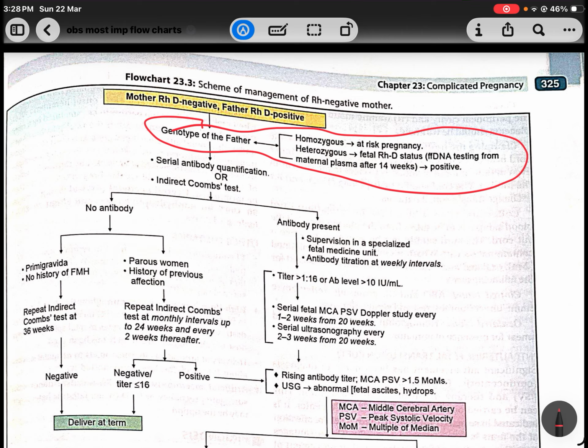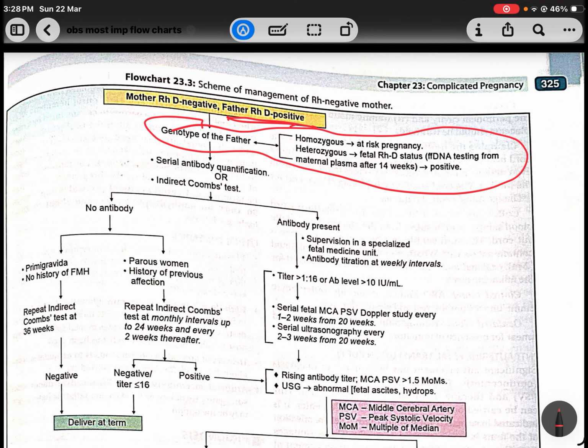If the father is Rh negative, for example O negative, then it's just stupidity if you go and write all your management protocols. Though they will not give it to you, you have to mention about this. These two things: mother being Rh negative and father being Rh positive is an important thing which you have to mention. Without that, even if you write everything with every number, there is no point in giving marks.